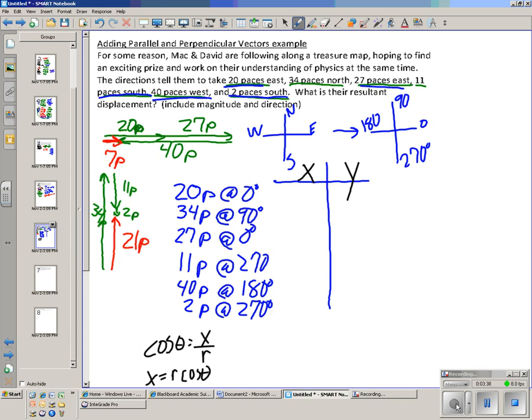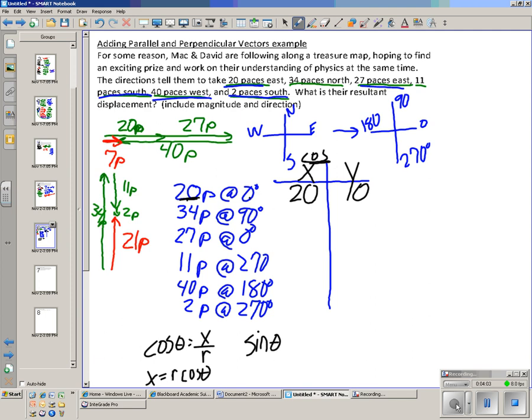So tapping into my calculator, or I could just realize it and say, hey, 20 on the x-axis, right? Okay. If I wanted to, I could say 20 times the cosine of 0, and I'd get 20 still. The y component would be 0. Once again, I could use the trig functions if I wanted to.